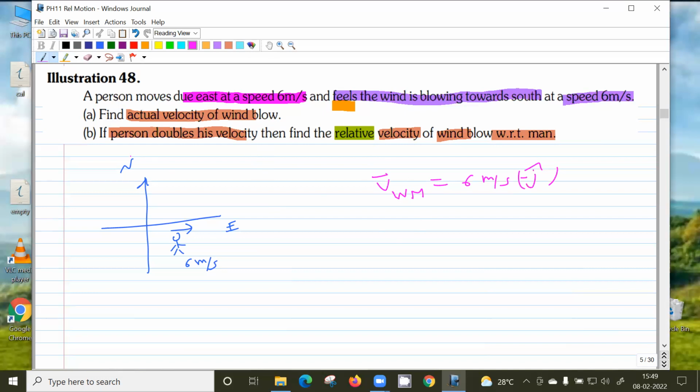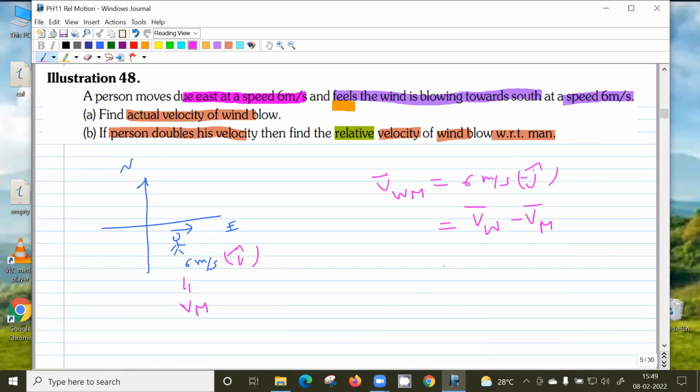So we have to find the actual velocity, and this is velocity of man with respect to the ground. By definition, this is velocity of wind minus velocity of man, and this is 6 i cap.